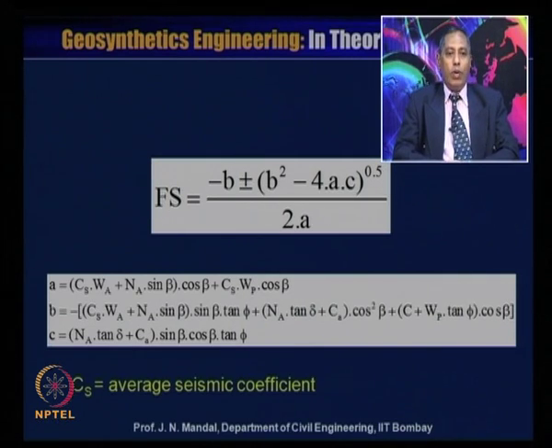Then B is equal to minus (CS into WA plus NA) into sin beta into tan phi plus NA into tan delta plus CA into cos square beta, plus WP tan phi into cos beta, and C is equal to (NA tan delta plus CA) into sin beta into cos beta into tan phi.